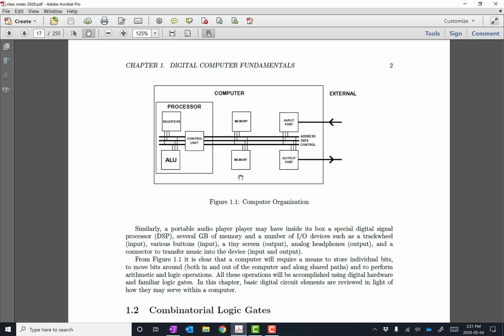This is shown here in figure 1.1, and we call it the computer organization, or the organization of a computer. A lot of the class is going to be spent on understanding each of the elements that we see here in this diagram.